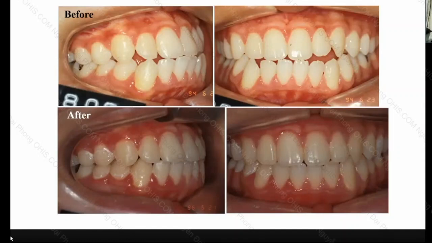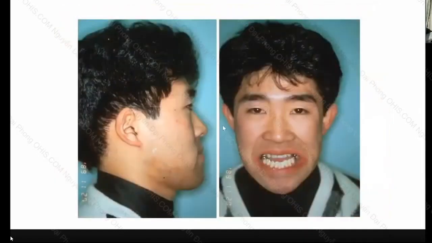But I treated like this, then sent him back to the medical doctor. Then he said, "Oh, you now have a nice bite here. Functionally no problem. The surgery is not necessary." Then they stopped the surgery. This kind of story.